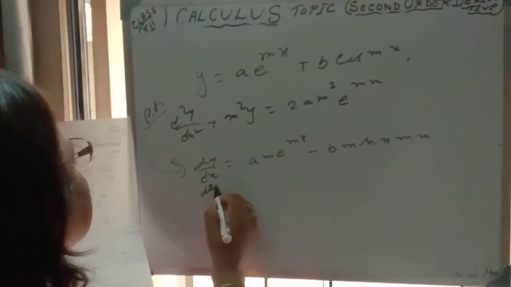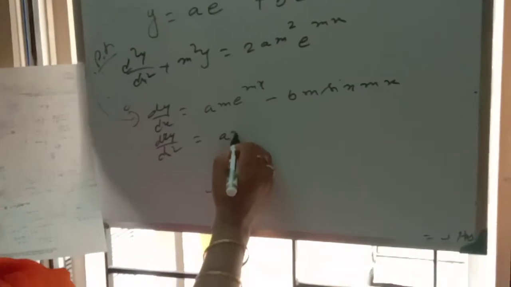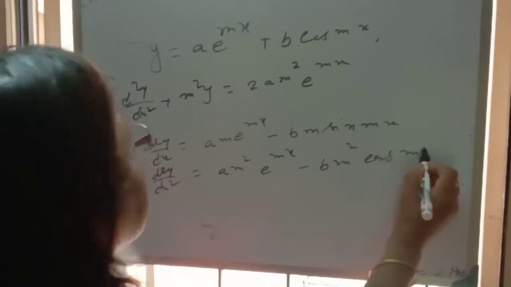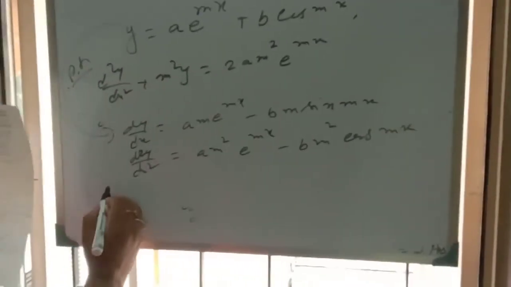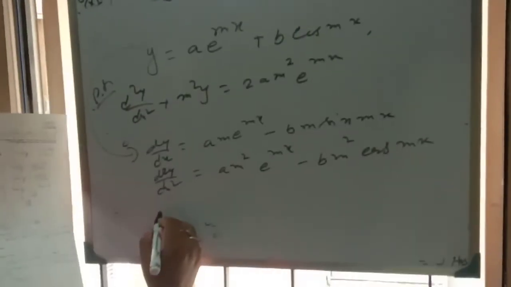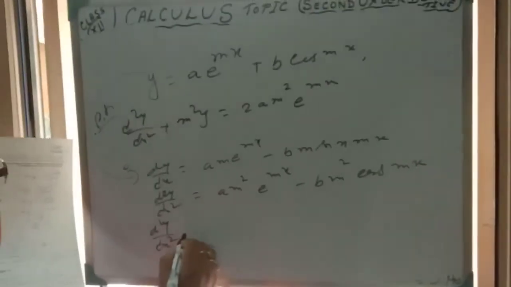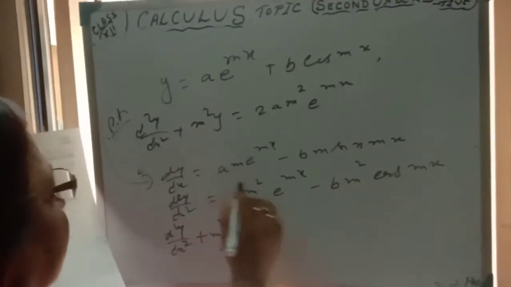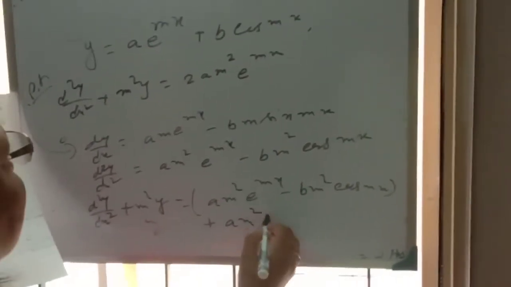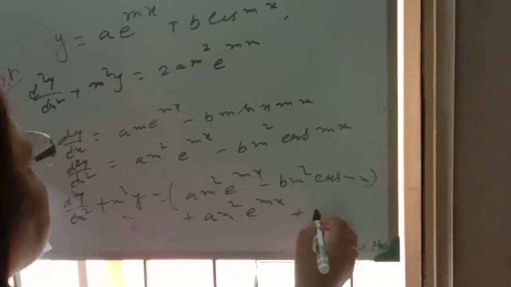Okay, now d2y/dx2 is what? a m square e to the power mx minus bm square cos mx. Now just put the value here. So what we will write? d2y/dx2 plus m square into y. So d2y/dx2 plus m square y means the whole a m square e to the power mx minus bm square cos mx plus m square y, so plus a m square e to the power mx plus bm square cos mx.